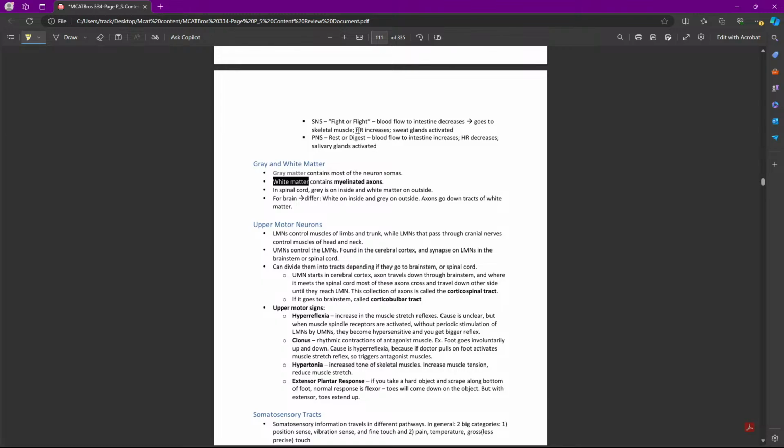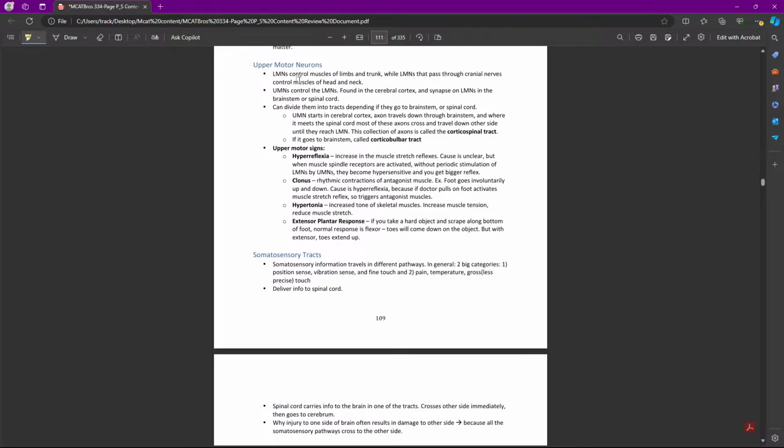In the brain, it's the opposite. They want all the axons on the inside, and then the somas on the outside, which is basically where our cerebral hemispheres come into place. Those are basically just large soma bodies. Not really, but to an extent.